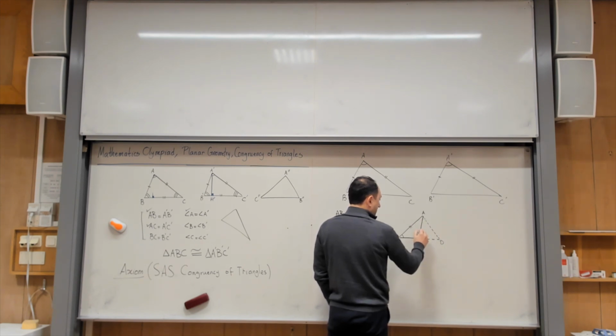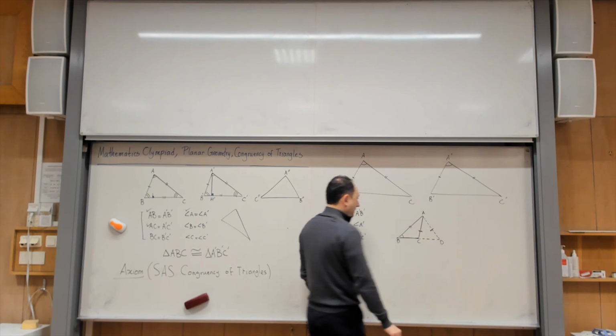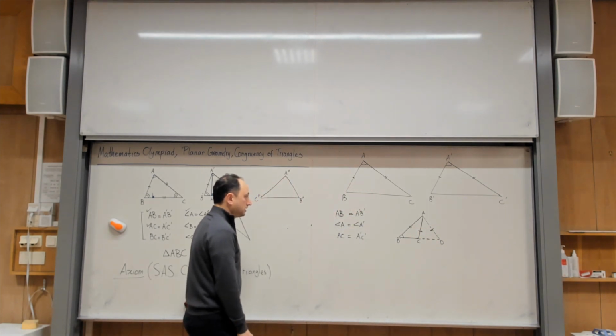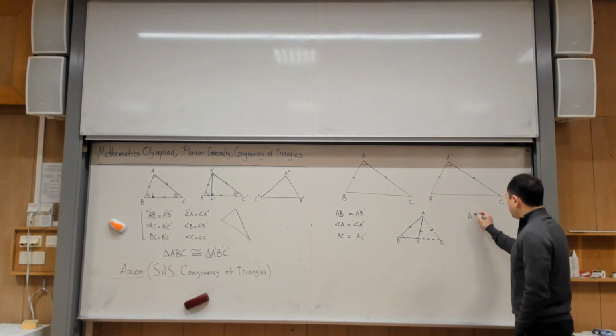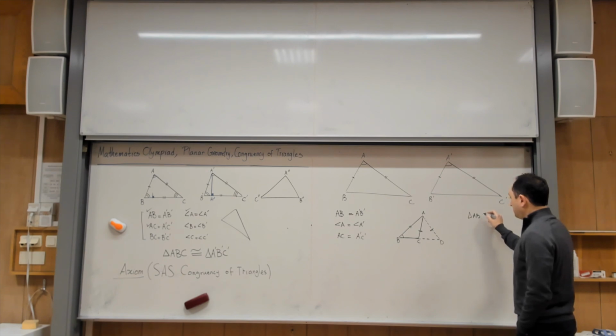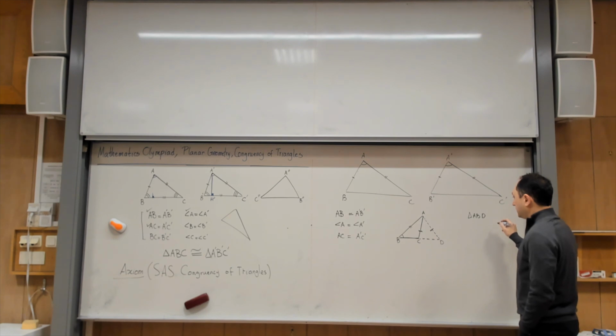So let me say that this size is equal to that size. Okay, and now let us consider these 2 triangles, the triangle ABD, and the triangle ABC.